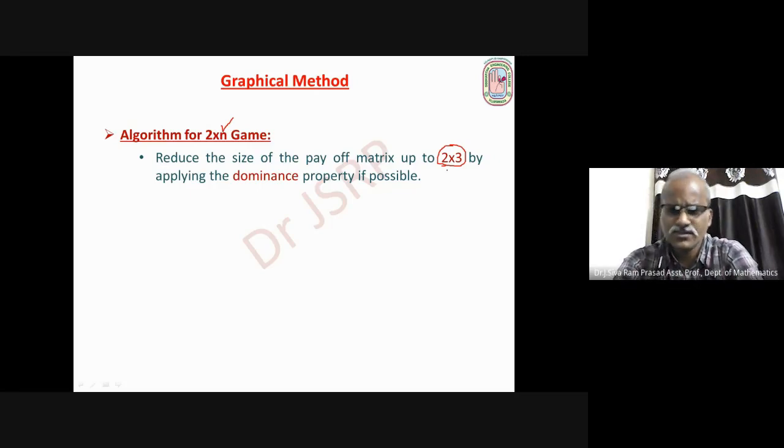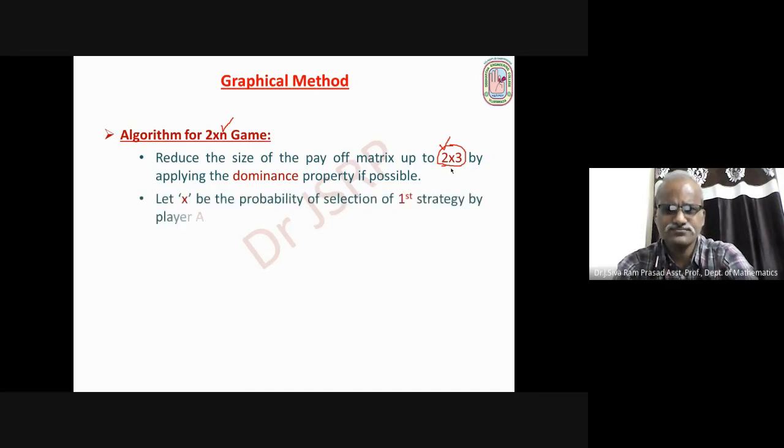Once the size of the game is reduced, observe that player A has only two strategies. Our aim is to find the probability of selection of strategies. Let X be the probability of selection of the first strategy by player A. Since there are only two strategies, the probability of the other strategy is the total probability minus this probability.